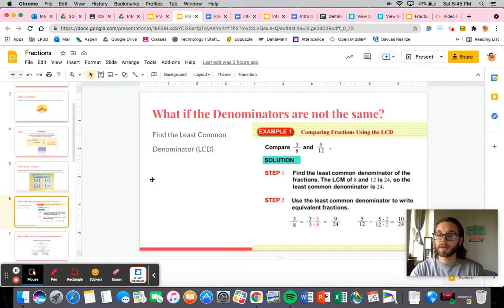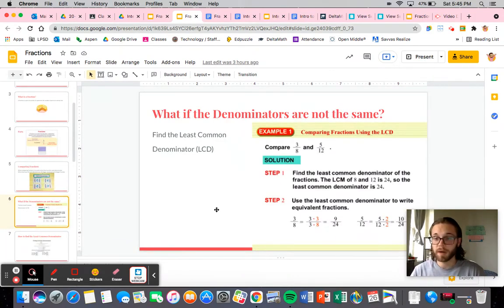So how do we actually do that? Well, we do something called finding the least common denominator, which comes from finding the least common multiple. So if we were to compare 3/8 and 5/12, you have to find the least common denominator of the fractions. In this case, it ends up being 24.